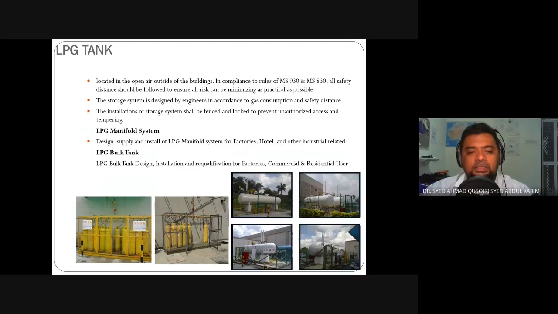The storage system is designed by engineers according to gas consumption and safety distance. How large the tanks are or how many there are depends on the design, basically on the requirement of the client. The installation of storage systems shall be fenced and locked to prevent unauthorized access and tampering.